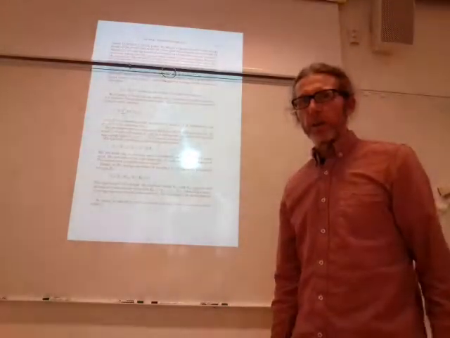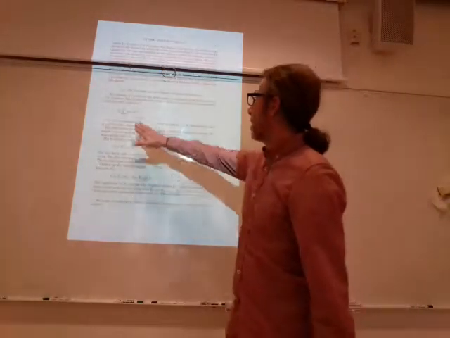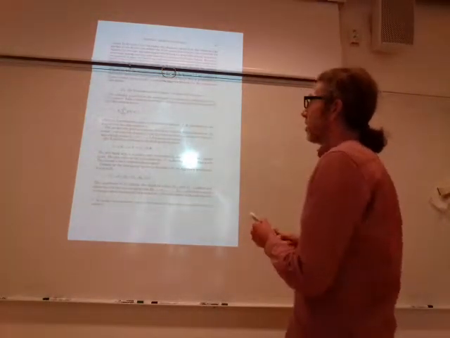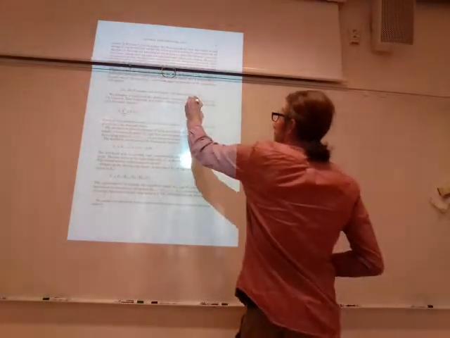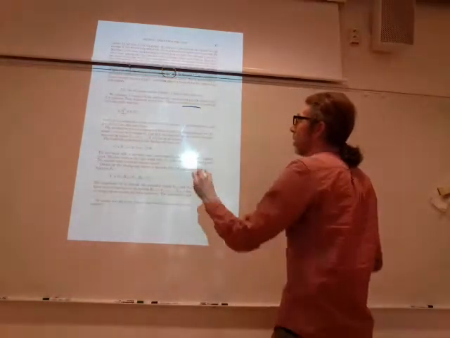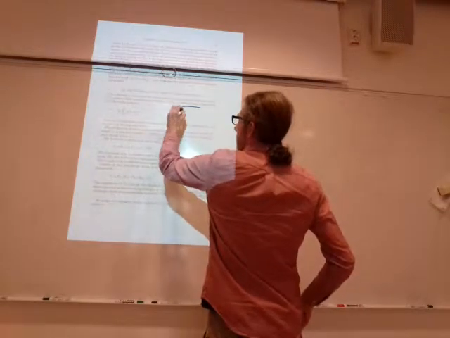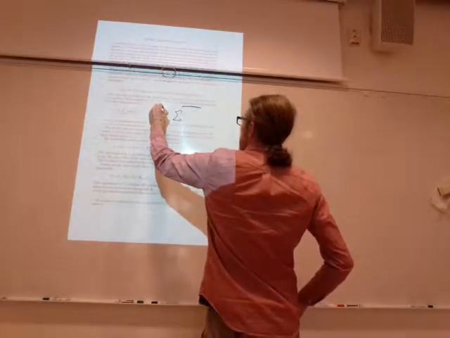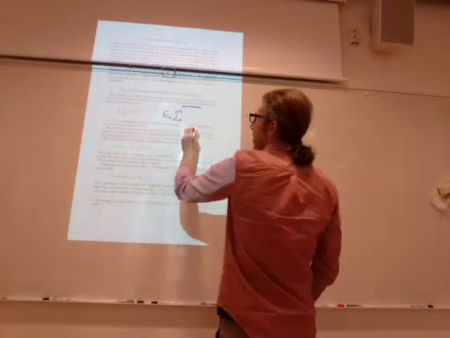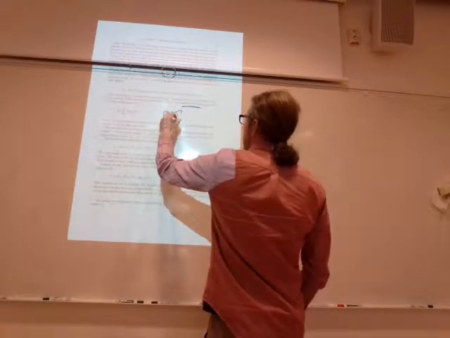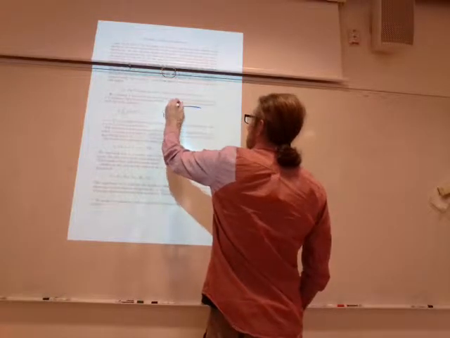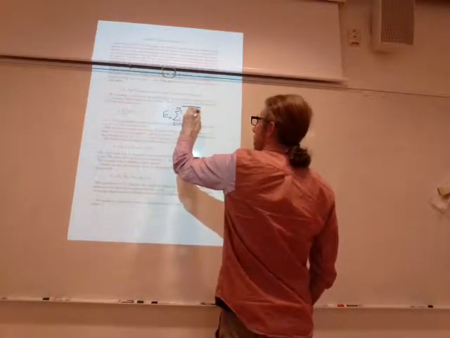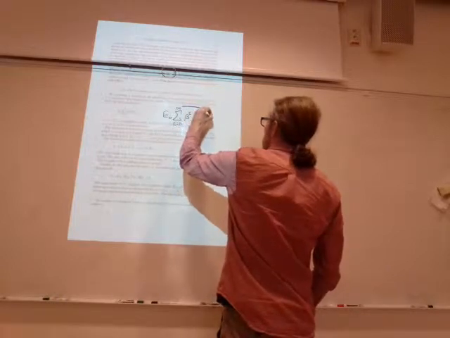Okay, so what are the key elements of the model? Here's the first one: we have a representative household with a utility function, which is the expectation at time 0 of the sum over infinite periods of beta to the t u of c_t.